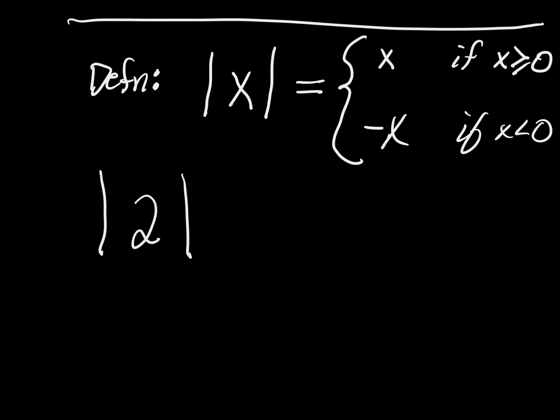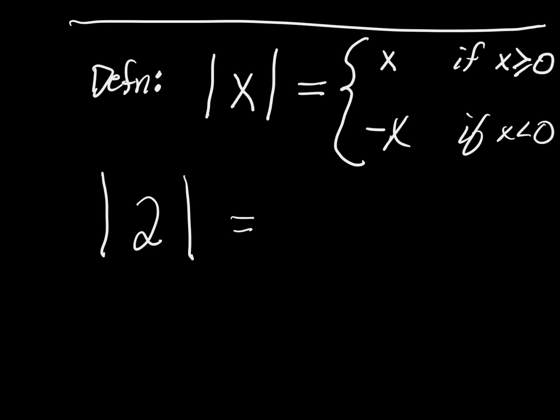So I ask myself, is 2 positive or negative? I'm asking this question right here. And in this case, 2 is positive. Since it's positive, this says just drop the absolute value. You see that? Because it's already positive, I just drop the absolute value symbol.